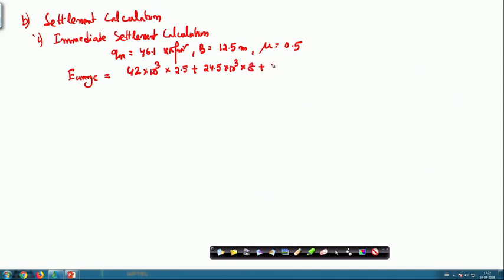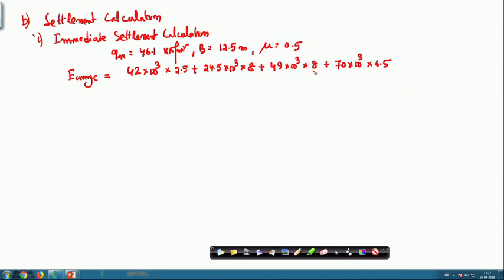Similarly, for the third layer it is 49,000 and the thickness is 8 meter, but for the fourth layer the thickness will be only 6.5 meter. Okay. It is not the total one. So, for the next layer 70,000 is the E value in kilonewton per meter square, and it will be 6.5 meter.